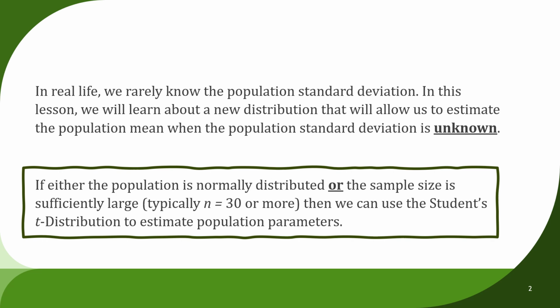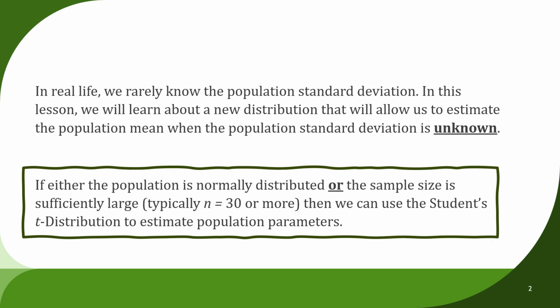So the student's T distribution is the distribution that's going to allow us to estimate the population mean and construct those confidence intervals. And later on, we'll use the student's T distribution to perform hypothesis tests. So we're using this student's T distribution to perform inferential statistics when the population standard deviation is unknown.